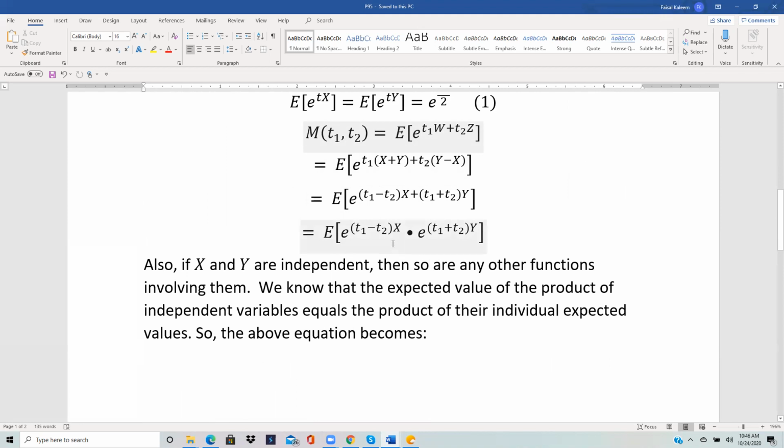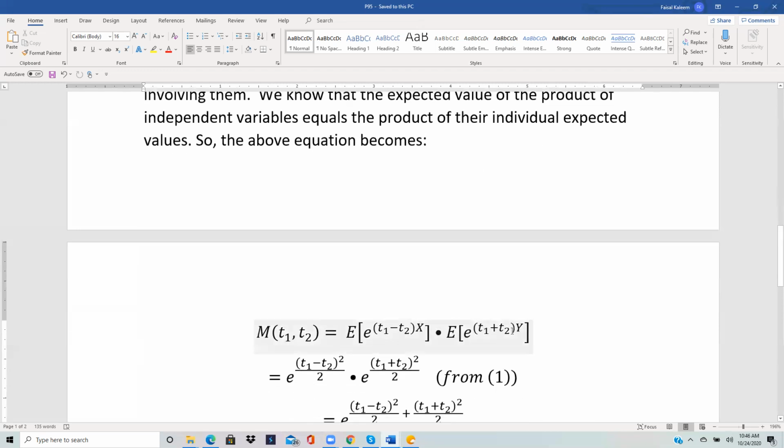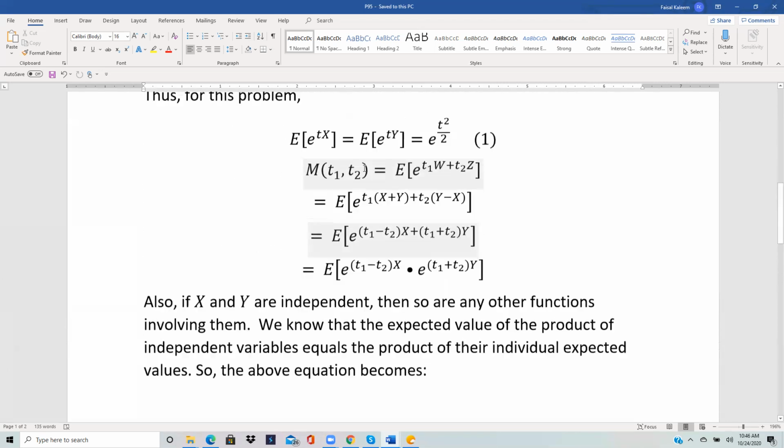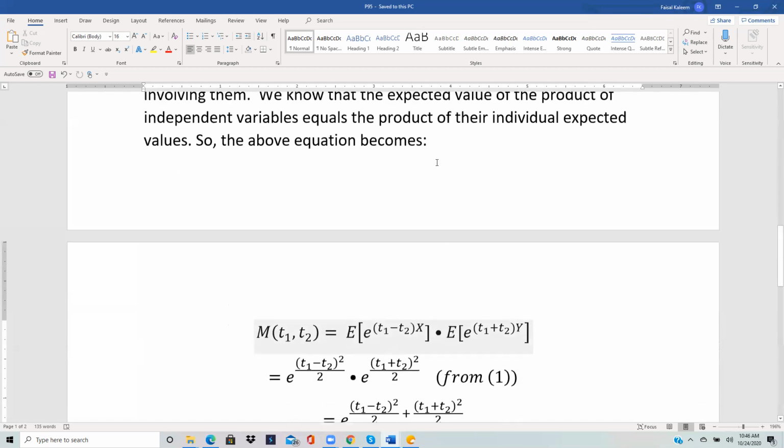So basically, this now becomes the expectation of the first times the expectation of the second. And now we use equation number 1. We know that the expectation of e power tX is e to the t squared by 2. So instead of t here, we have t1 minus t2. The expectation of e power (t1 minus t2) X will be e power (t1 minus t2) squared by 2.